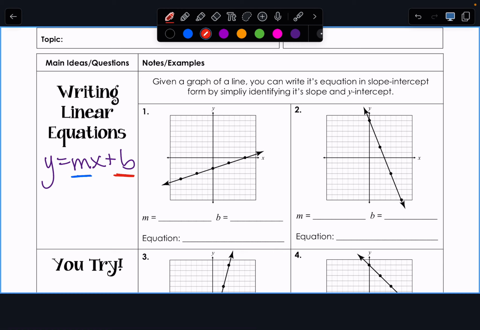You see a bunch of graphs of lines, okay? So we need to be able to today look at the graph and be able to write y equals mx plus b. So just like yesterday, we need to pick out the slope and we need to pick out the y-intercept, but now we're looking at the graph to do it, okay?